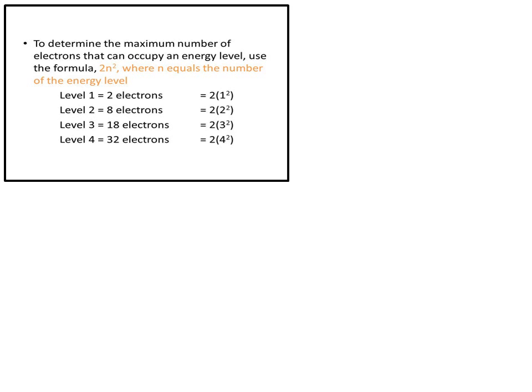To determine the maximum number of electrons that can occupy an energy level, use the formula 2n square. Here n equals the number of the energy level.